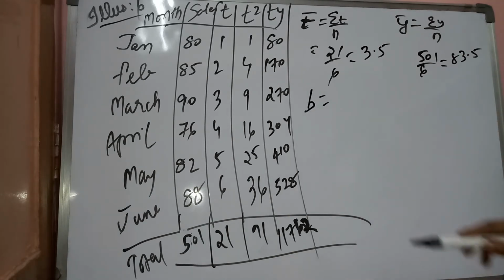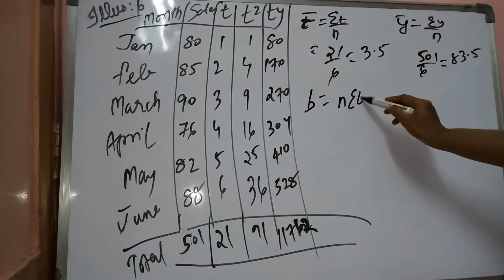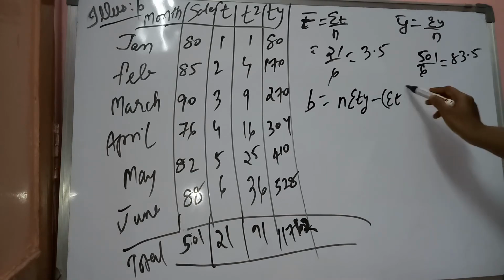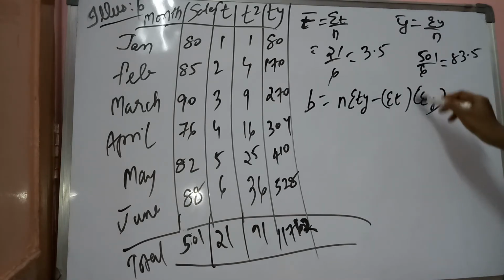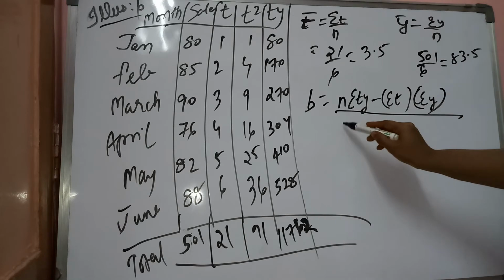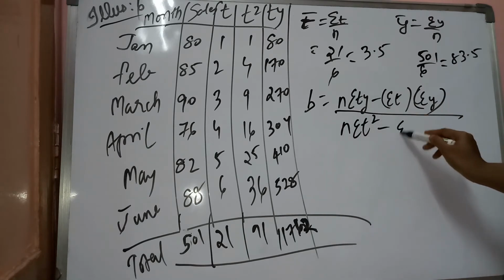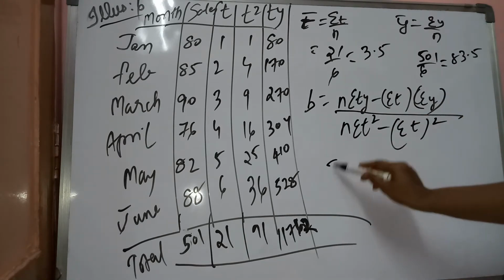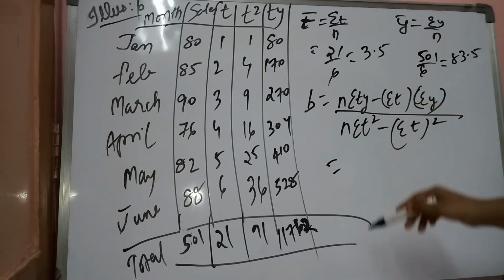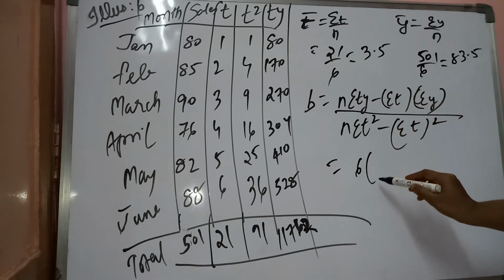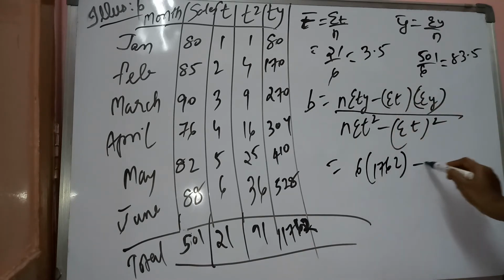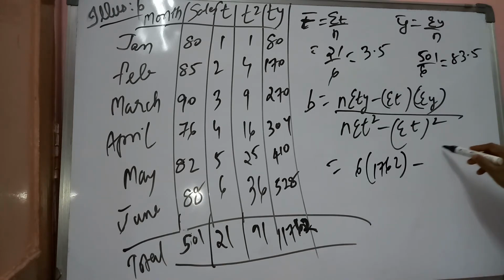Again, B formula, what it is? N into sigma Ty minus sigma T multiplied by sigma Y. Okay, you have to learn it by heart. Then N into sigma T square minus sigma T the whole square. Keep the values, that is N is 6, sigma Ty is 1762 minus sigma T is your 21, sigma Y is 501, right?